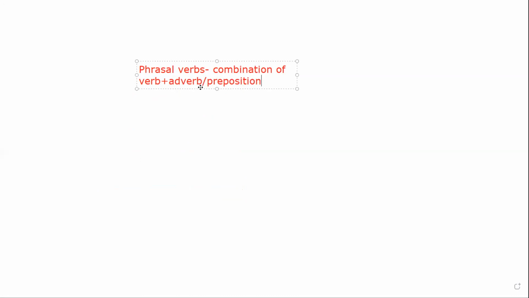So when one word, an adverb or preposition, comes together with the verb, this is called a phrasal verb.